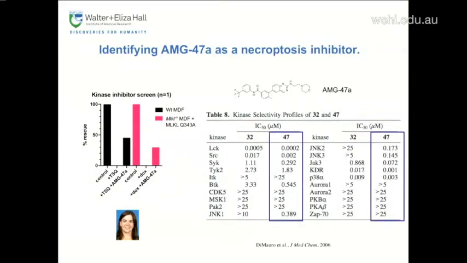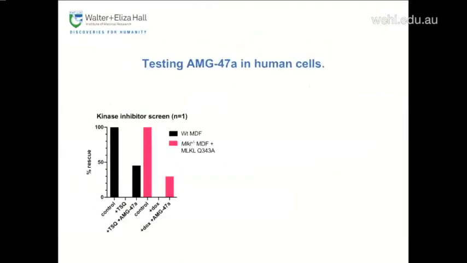It inhibits lymphocyte-specific kinase at sub-nanomolar levels, although it also inhibits a range of other kinases at nanomolar levels, including other Src family kinases, MAP kinases, VEGFR2, and some of the JAK kinases as well.